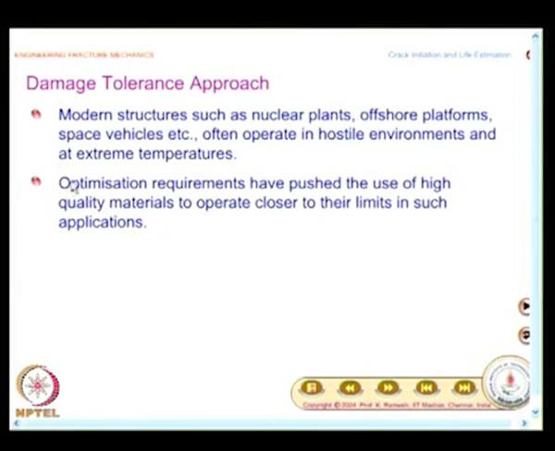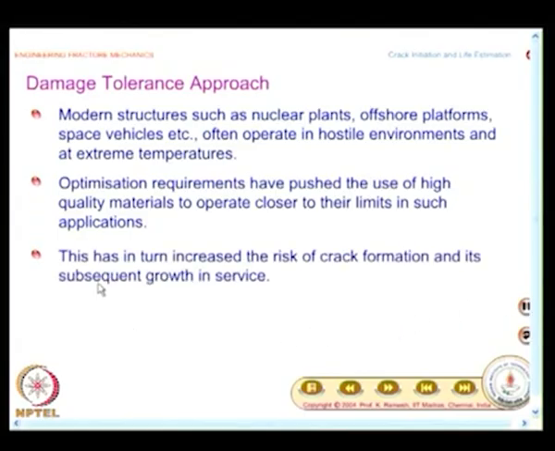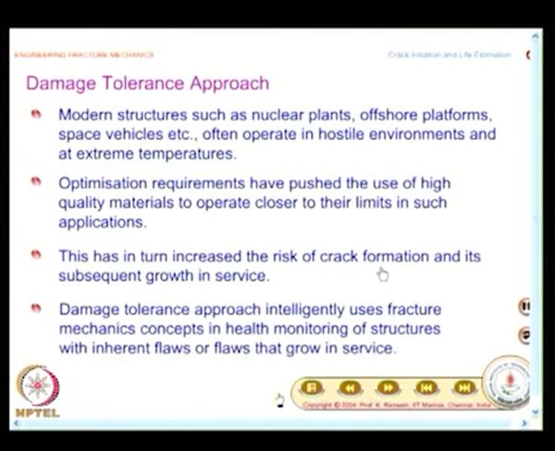We have to look at that optimization requirements have pushed the use of high quality materials to operate closer to their limits in such applications. This has in turn increased the risk of crack formation and its subsequent growth in service.